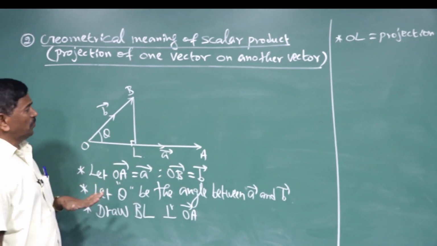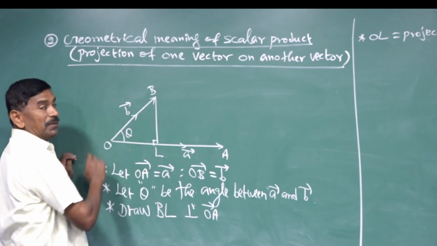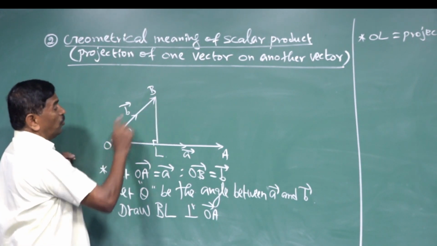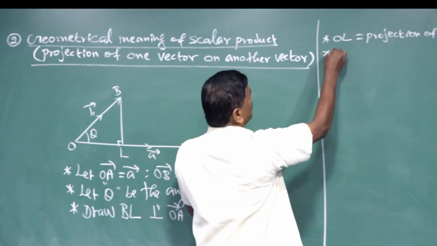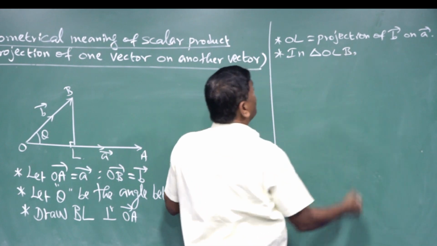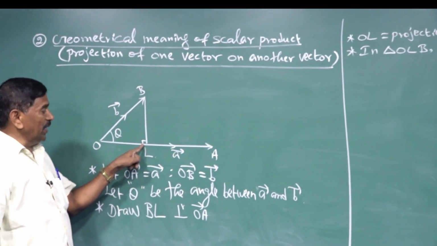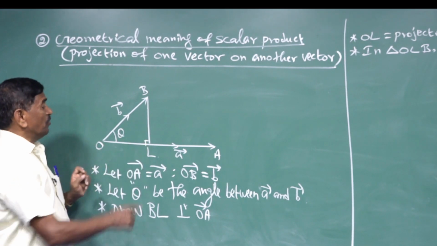Now in triangle OLB, because OLB is a right angle triangle. Here L is an angle of 90 degrees, so it is a right angle triangle.